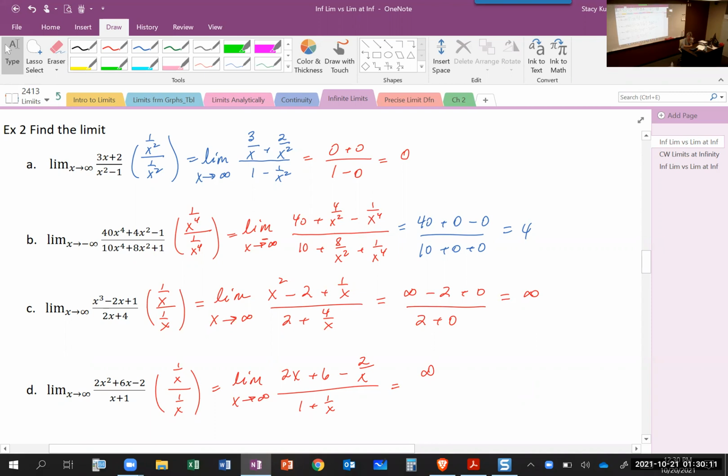We didn't end up having an asymptote there, did we? Right, so the function goes off to infinity. That's what this is saying right here. And in the last one, do you remember what happened there? Long division, we got a slant. We're still going to end up with the function itself going to infinity as x goes to infinity. Okay?